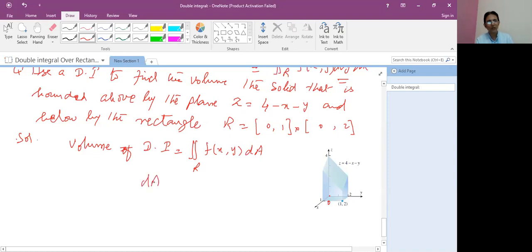So student, if you consider dy dx, or if you integrate dx dy, in both cases the volume should be similar. So with any one condition you solve this problem, the result should be similar. Now we will consider any one condition.